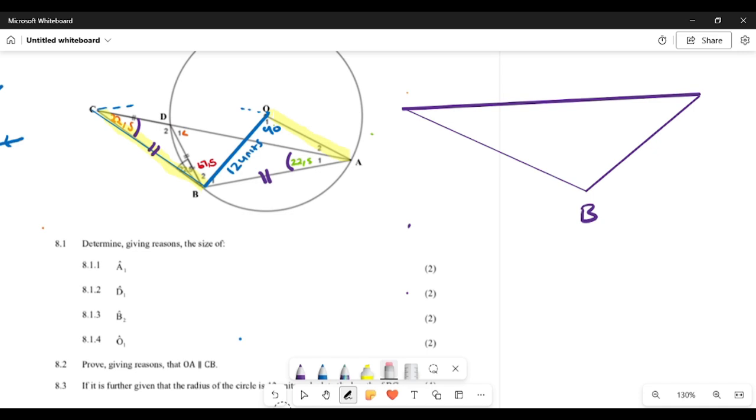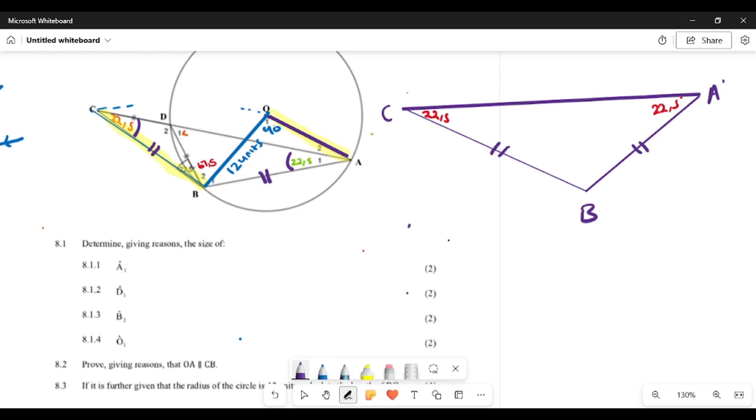Now, if you could look into this triangle here, the right angle triangle that we have at the top. Remember, this is 90 degrees. And they've told us that the line from center to circumference, which is your radii, OA is also a radii. It's 12 units, right?